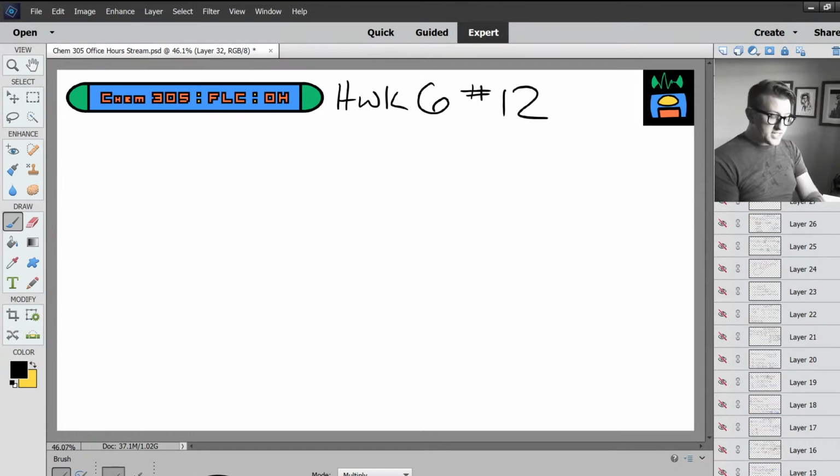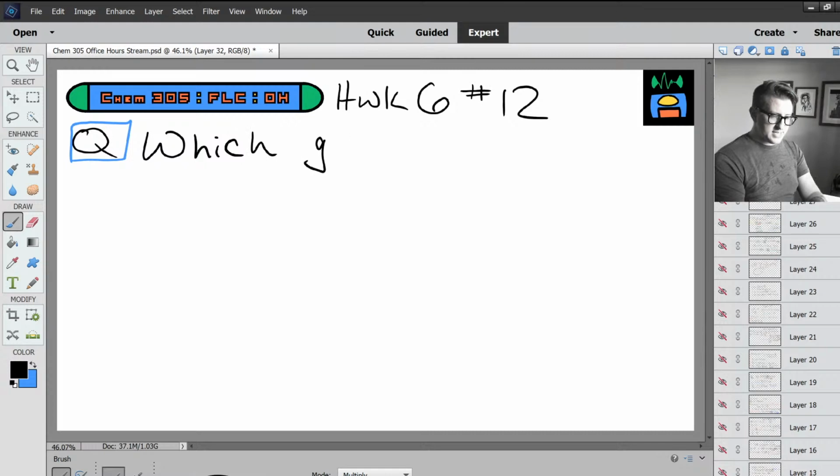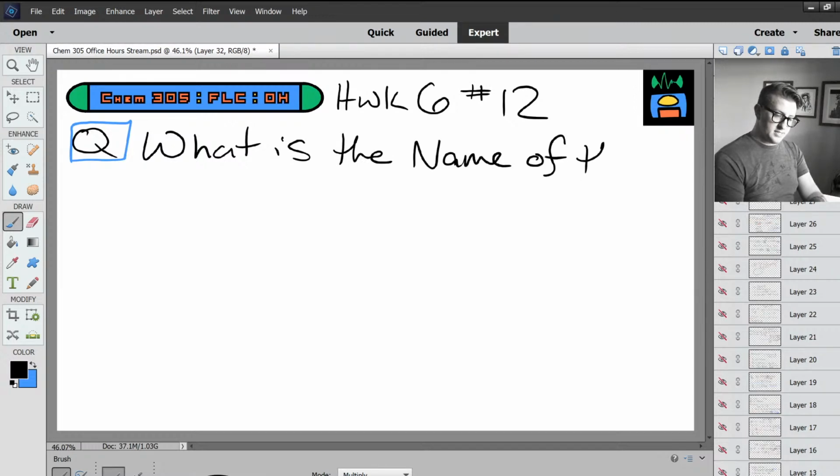Well, so first off, what this question is asking is written a different way. Which gas law, sorry, an even better way to put this is, what is the name of this gas law?